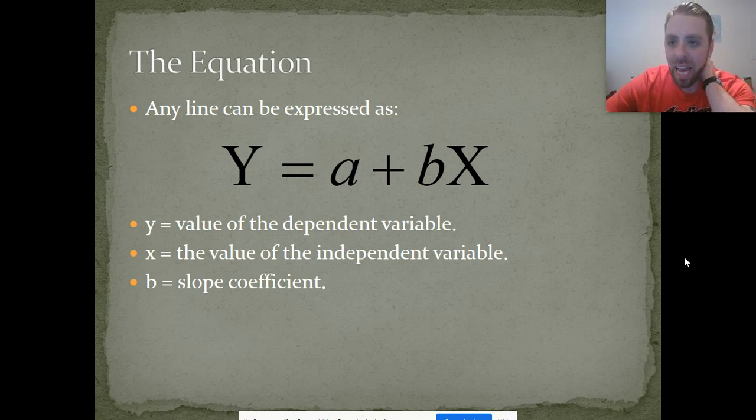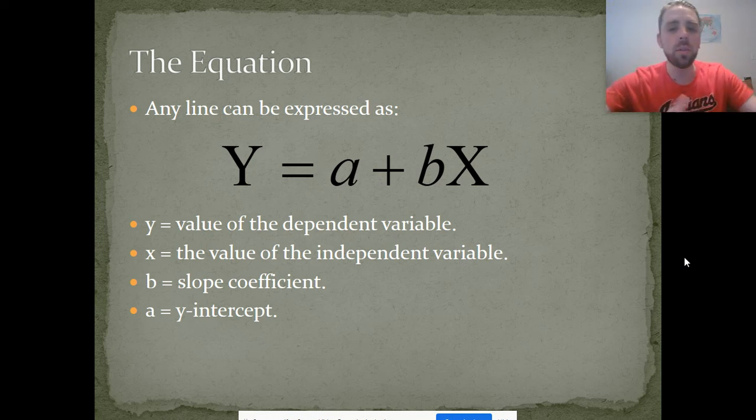And that leaves only a, which you may remember stands in for the y-intercept. I'll get into this at a later point, but the y-intercept is very simply the value of y when all predictors equal 0. What is the value of y when x equals 0?